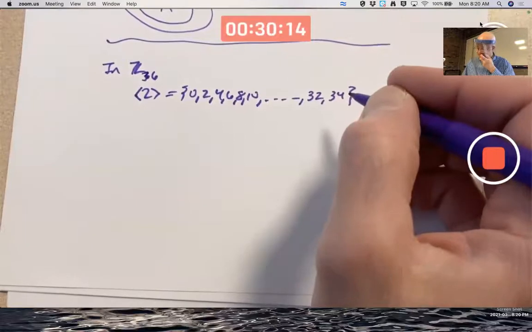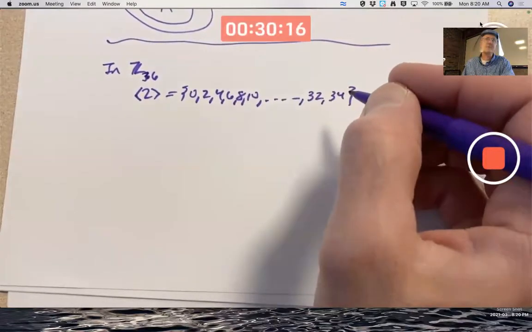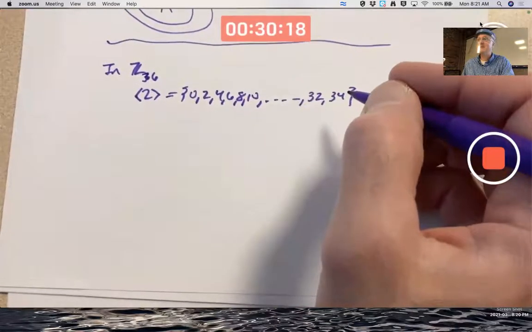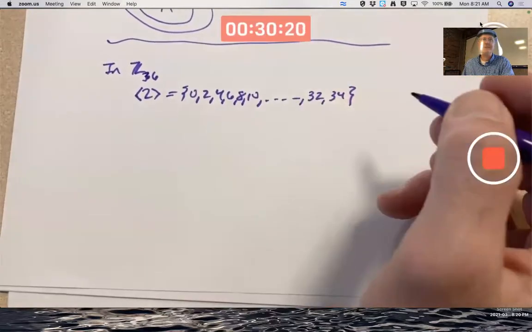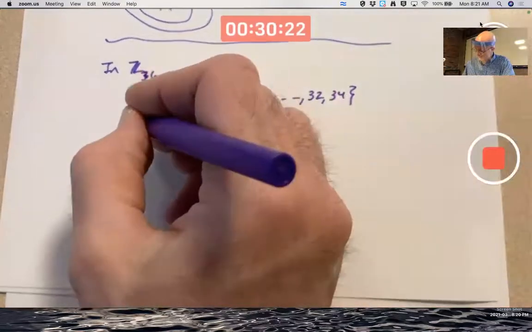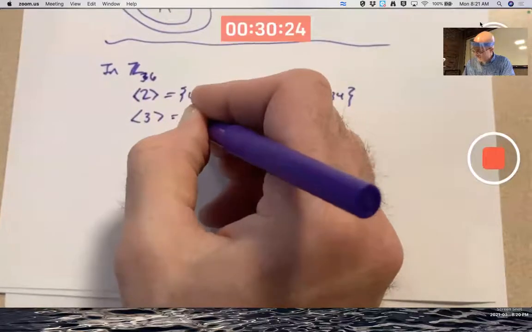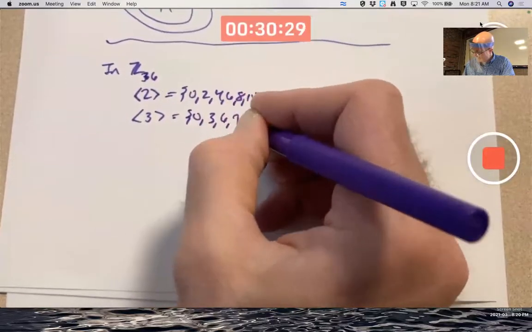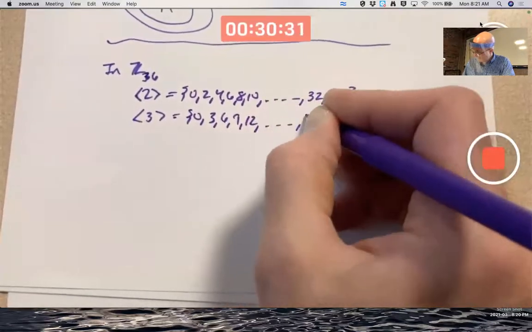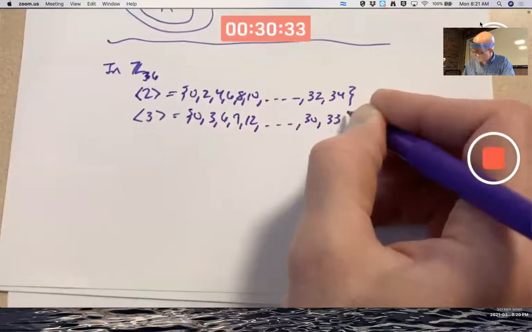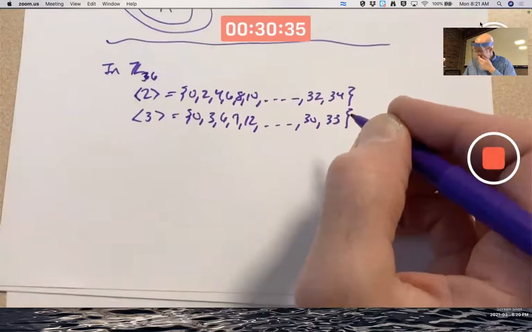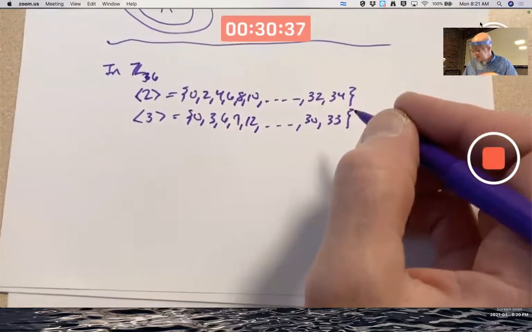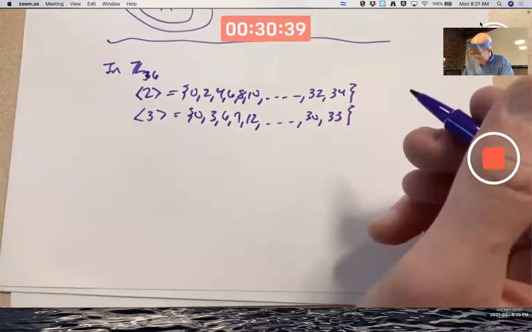And it's the same as the cyclic subgroup generated by 2 under addition. Add 2 to itself over and over again, you're going to get this same set. The principal ideal generated by 3 is going to be all multiples of 3 mod 36. Those are not the same sets, though certainly there is some overlap between them.